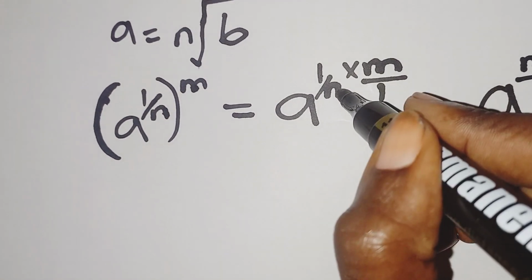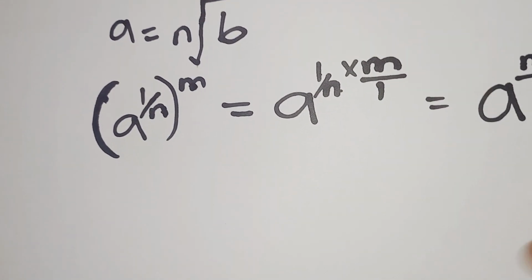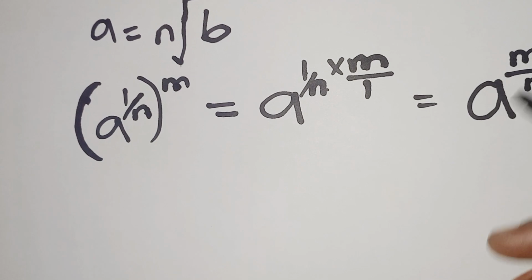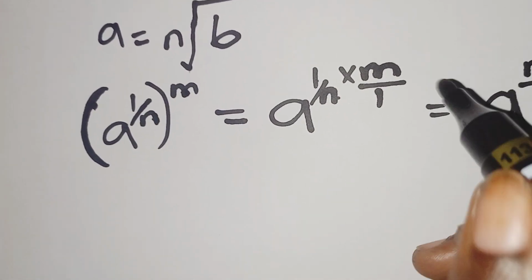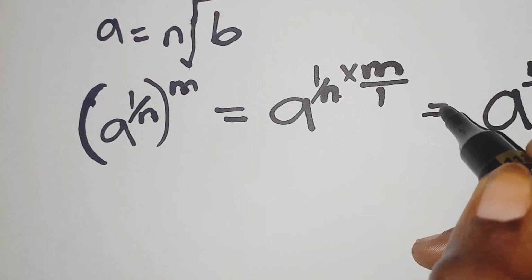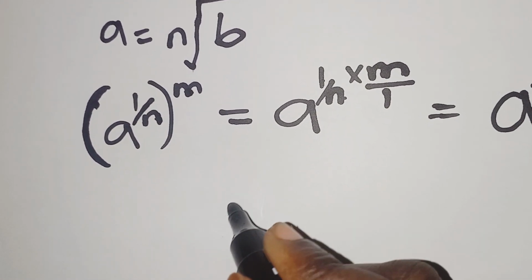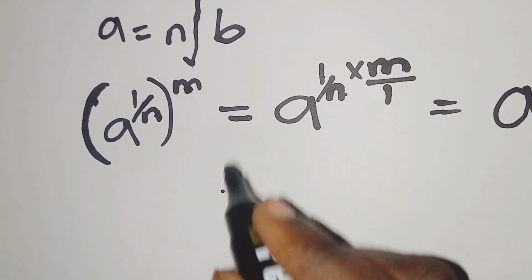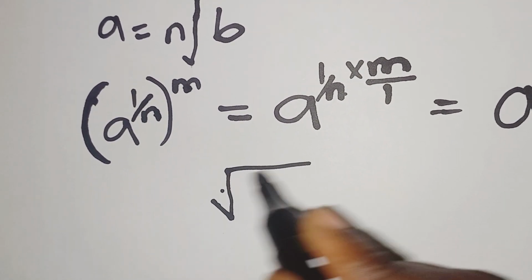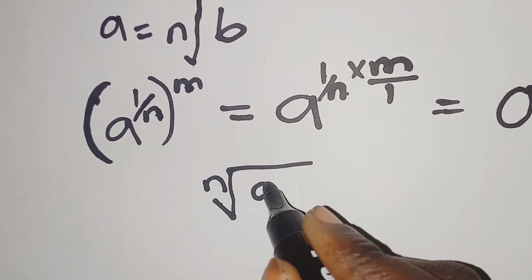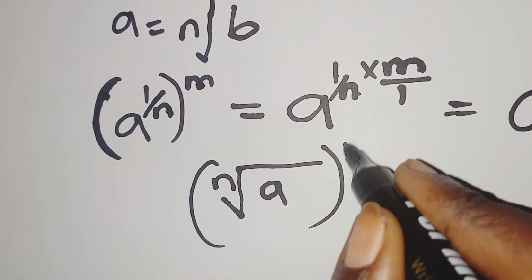You take n times 1, you get n. So this one will be equal to this. And in other laws, when we were discussing, we said that this will be equal to the nth root of a raised to power m.